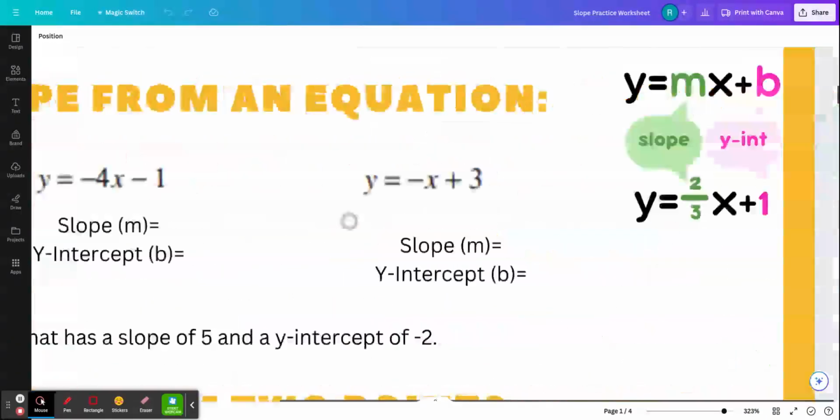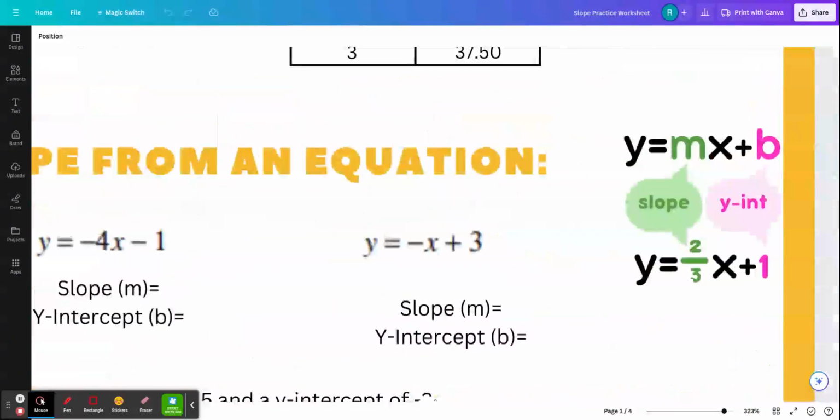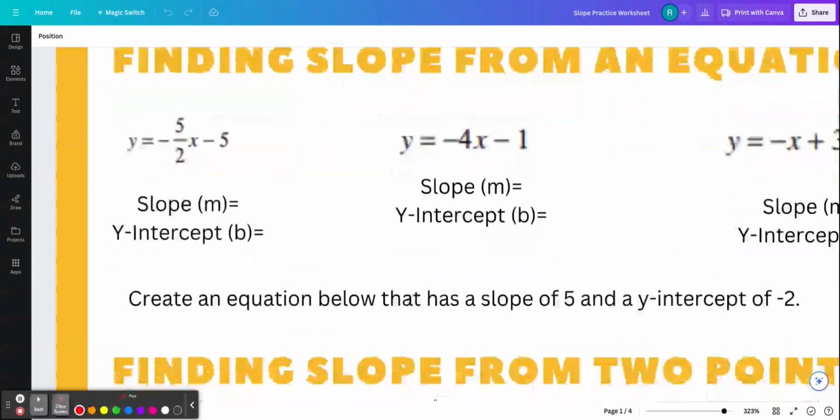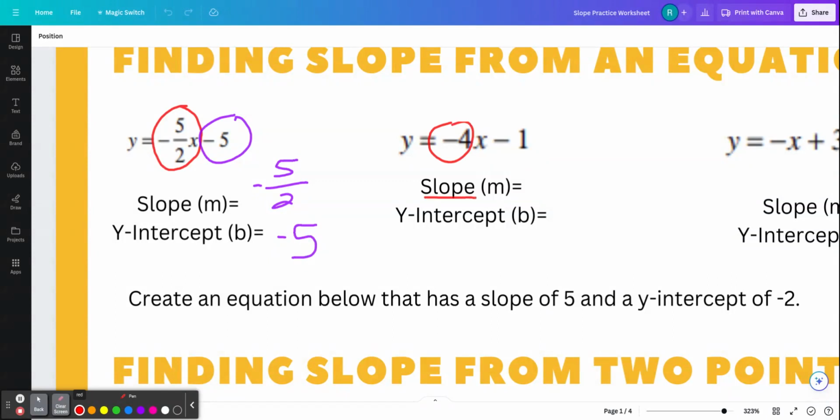Okay, creating from an equation, you really want to use that picture there to help you, where m is slope and b is y-intercept. So you're just trying to identify your numbers here. So for the first one, this would be your slope, and this would be your y-intercept. So for example, -5 over 2, and then -5. For the second one, this would be your slope, and this would be your y-intercept.